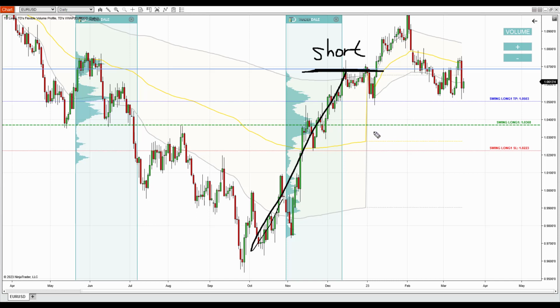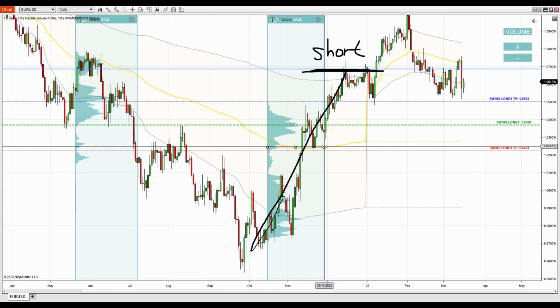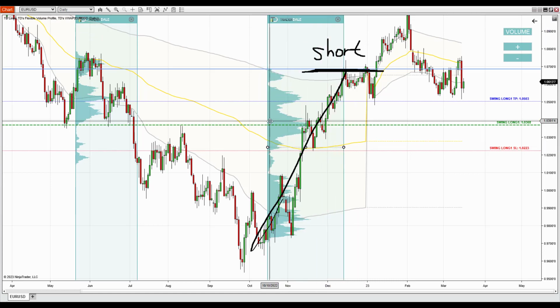So the thing to do is use that flexible volume profile here to look into that zone and identify the first volume cluster in the line to find the best place for your take profit. In this case, it is this significant volume cluster.